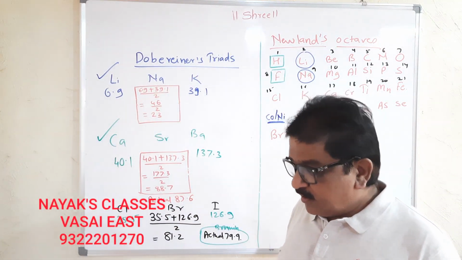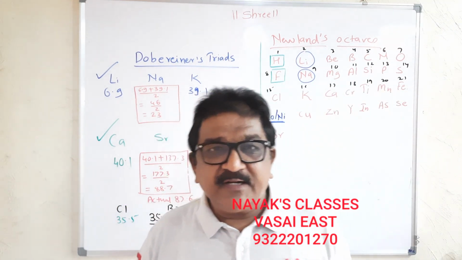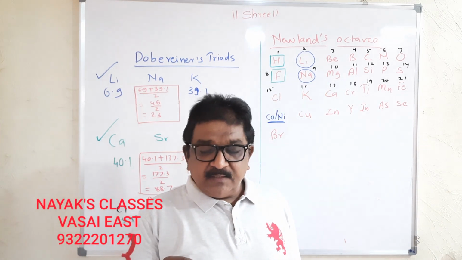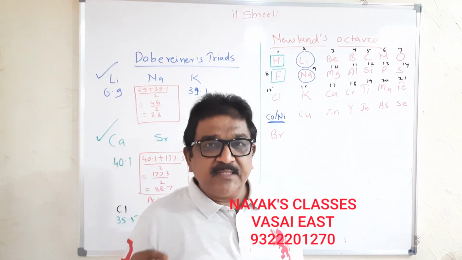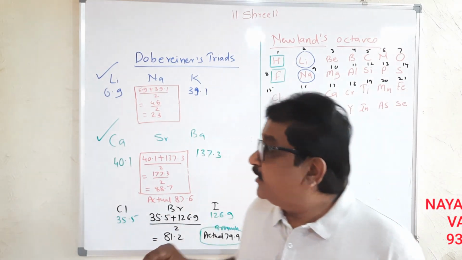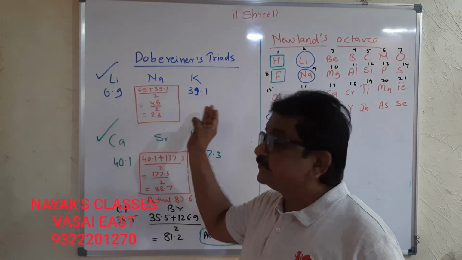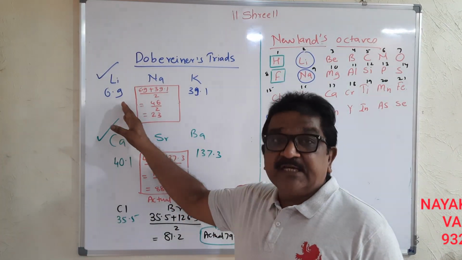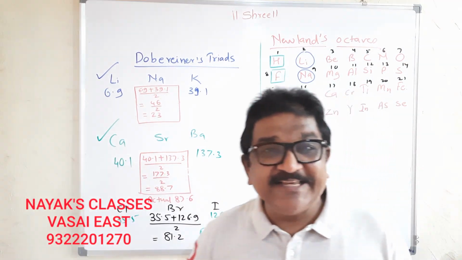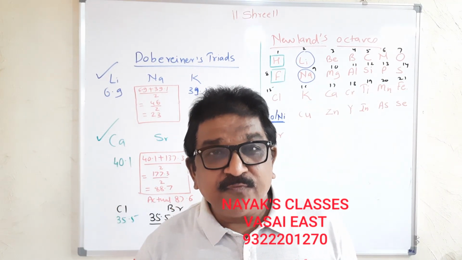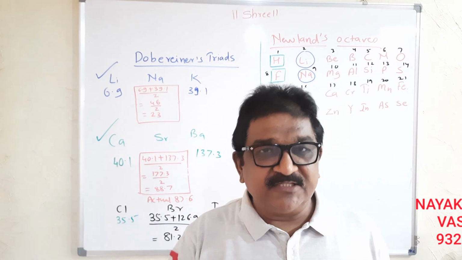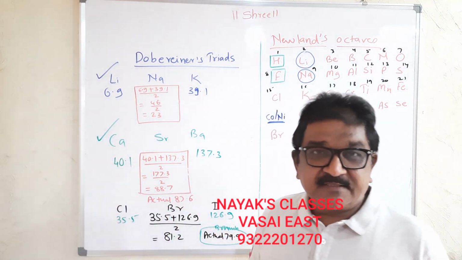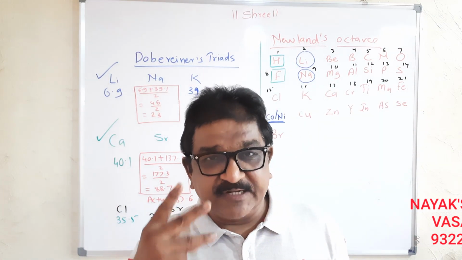Dobereiner observed that there are some elements, if we arrange them in a group of three, in the increasing order of their atomic masses.